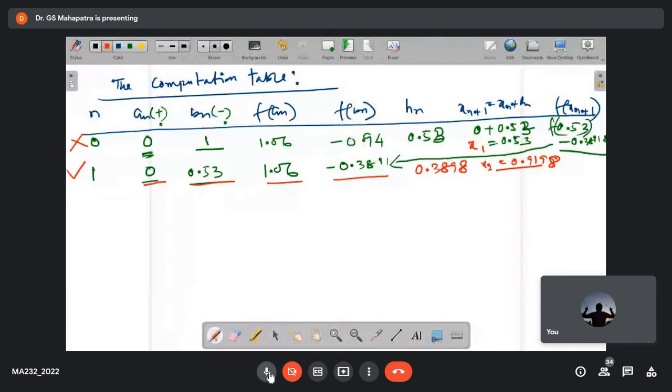Negative again. So when n equals 2, f of 1.06 is negative. Now f of Vn is minus 0.9212. You have to find this every time. Fine. Now Hn.